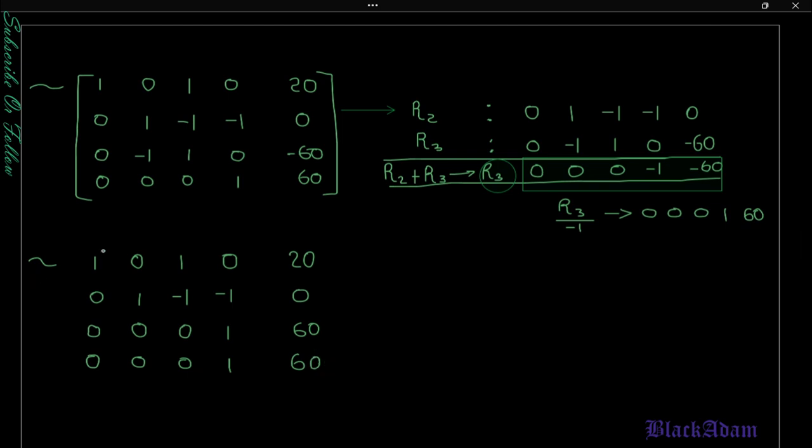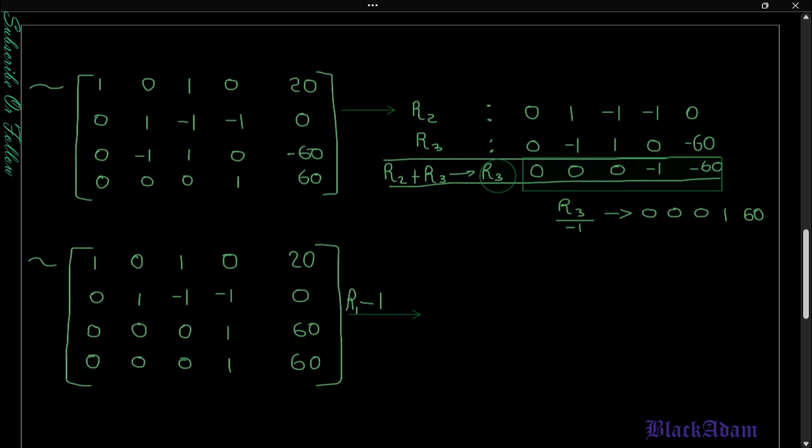And then row 3 and row 4 are similar, so we subtract one from the other and we get 0. So it's going to be row 1 minus row 4. No, it has to be row 3 minus row 4, that minus that, and then we put that into row 4 because it's going to give us 0.